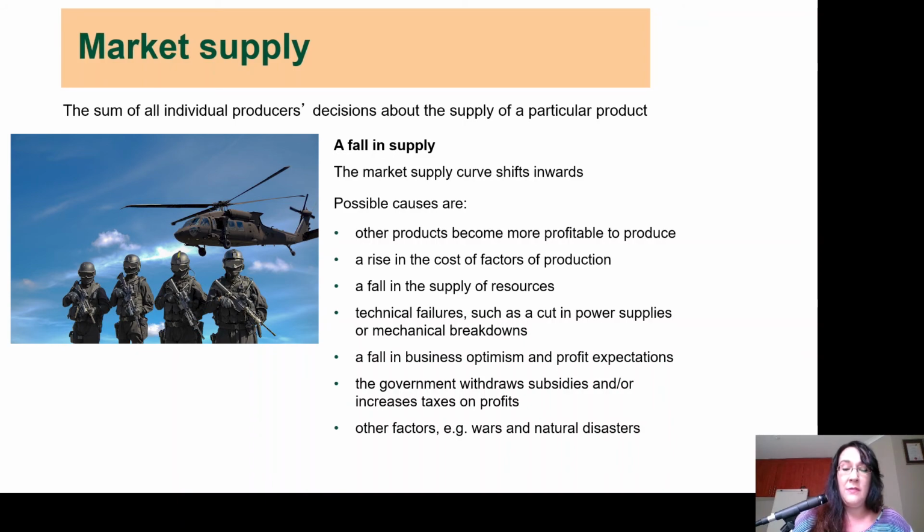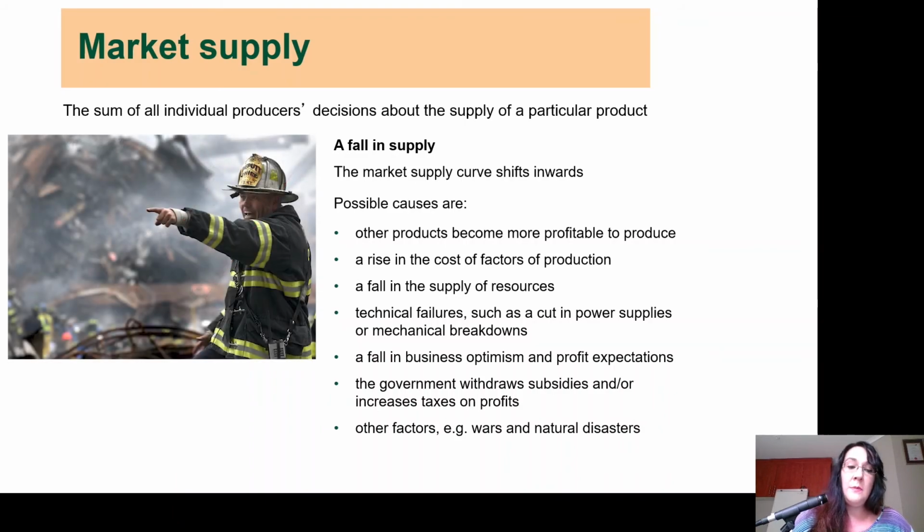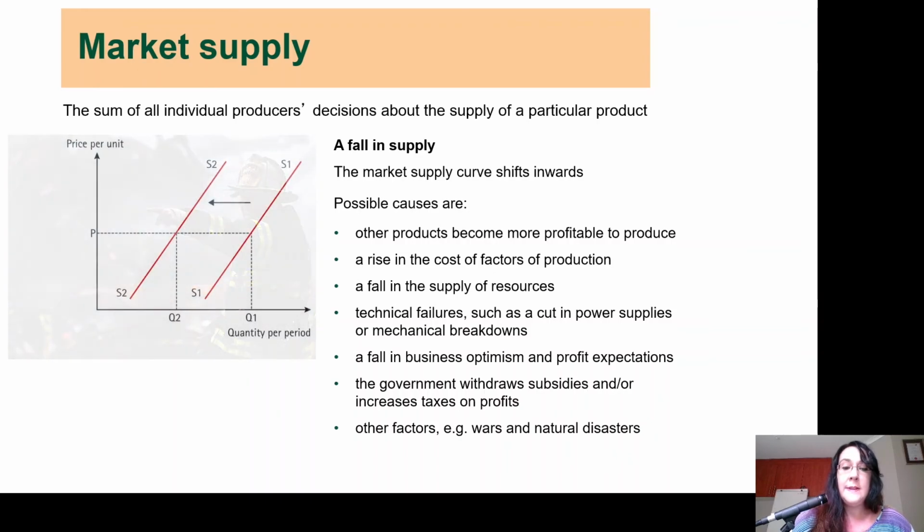They don't have enough workers as well to work in the factories, etc. And it definitely can affect my supply and lead to a decrease. Same goes with natural disasters, where your resources now all of a sudden are scarce. That means natural resources as well as human resources, where I'm looking at labor. It can affect my supply negatively.